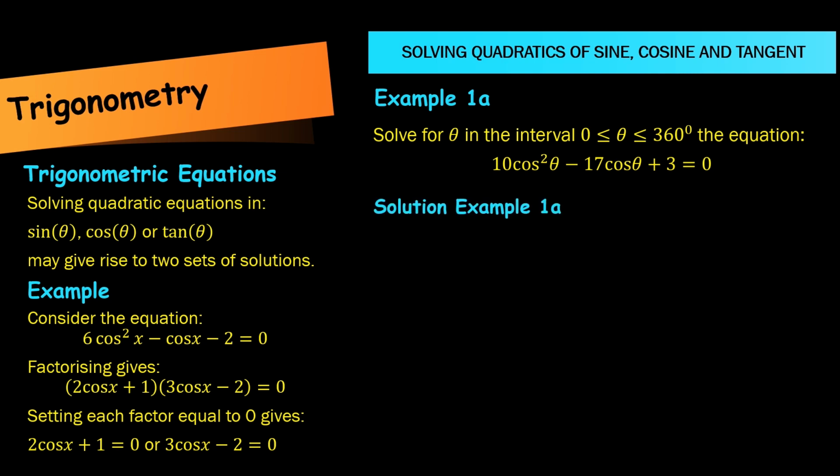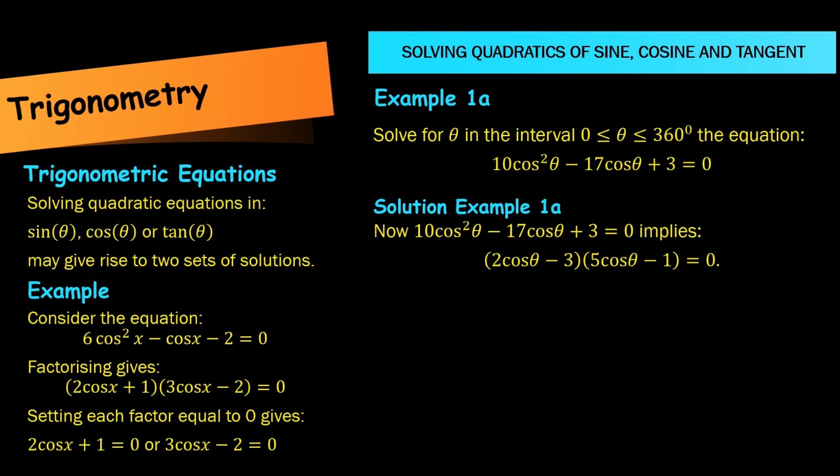So let's solve this. 10 cos squared theta minus 17 cos theta plus 3 equals 0 implies 2 cos theta minus 3 times 5 cos theta minus 1 equals 0. Therefore, either cos theta equals 3 over 2 or cos theta equals 1 over 5.